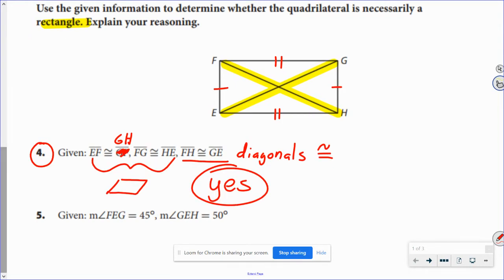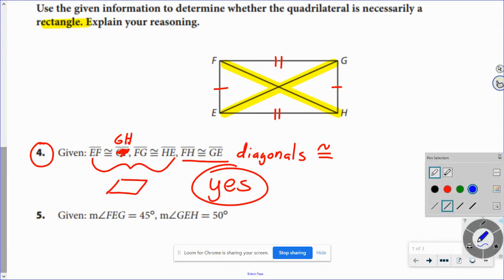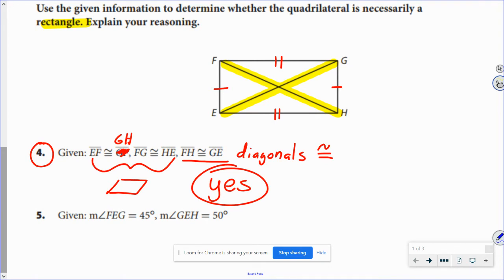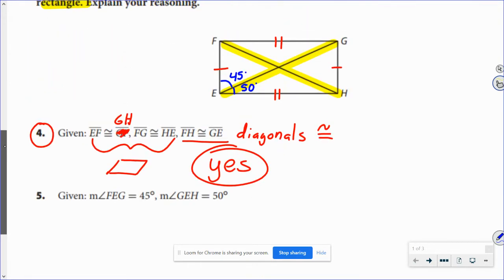This is having to do with the angles this time instead of the sides and the diagonals. FEG, from F to E to G. Okay, so this angle right here is 45 degrees, they are saying. All right. And GEH is 50 degrees. That one right there, they just said. Okay, 45 and 50 together, what does that make? Well, 45 plus 50?